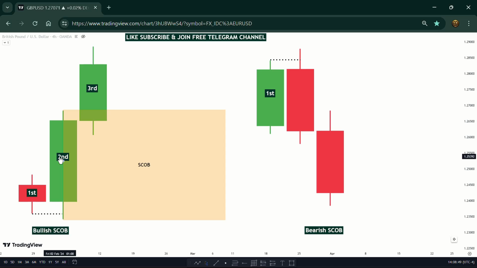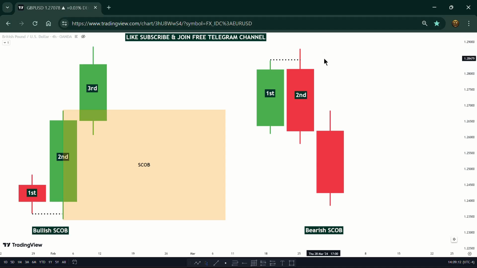So in this case, this is our second candle, and our second candle is going to be our single candle order block. After sweeping that liquidity up there, this is not yet a single candle order block, because the market can still go back and the candles maybe even start closing above there.